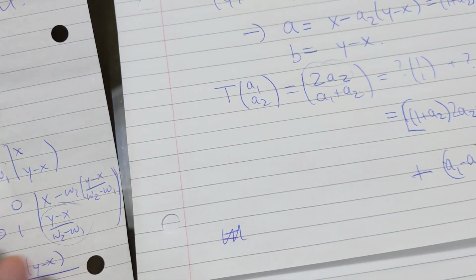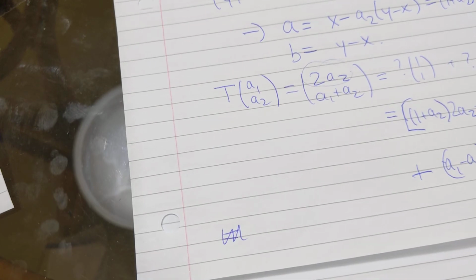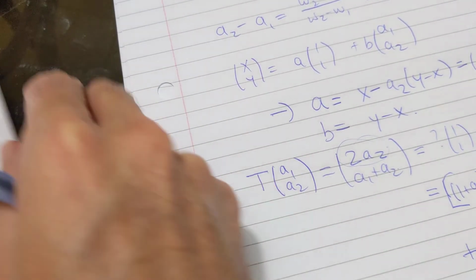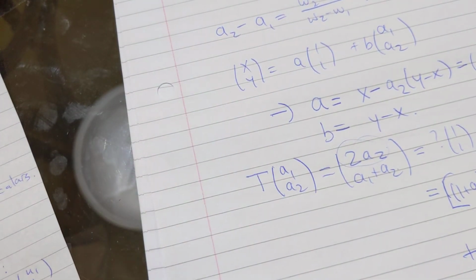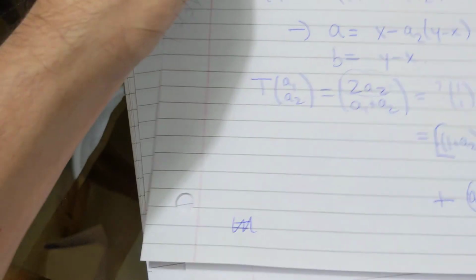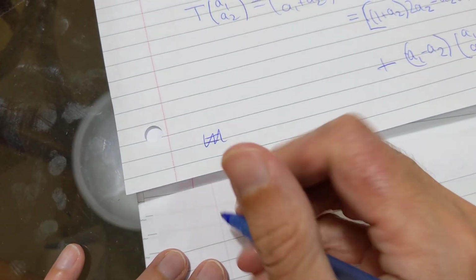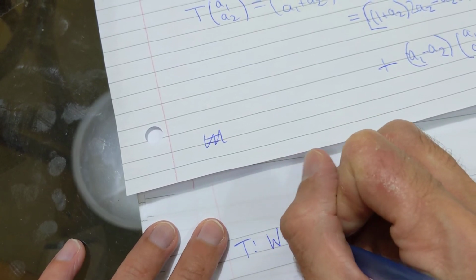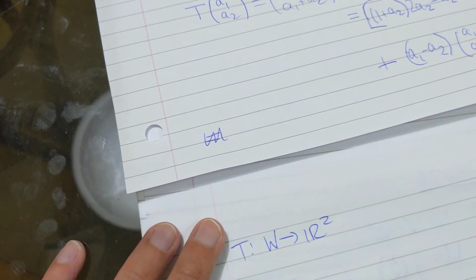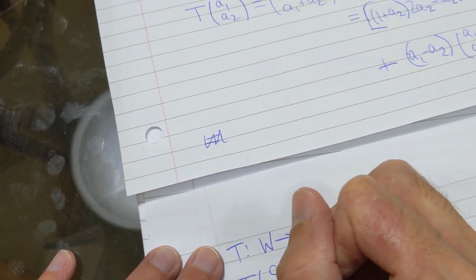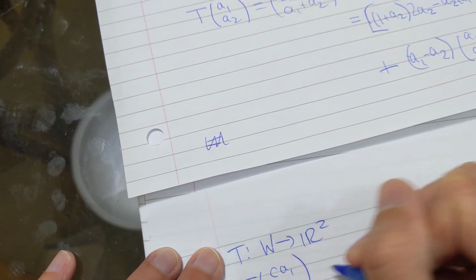So now the last part. We have our linear transformation from W to R2 satisfies T of (CA1, CA2).